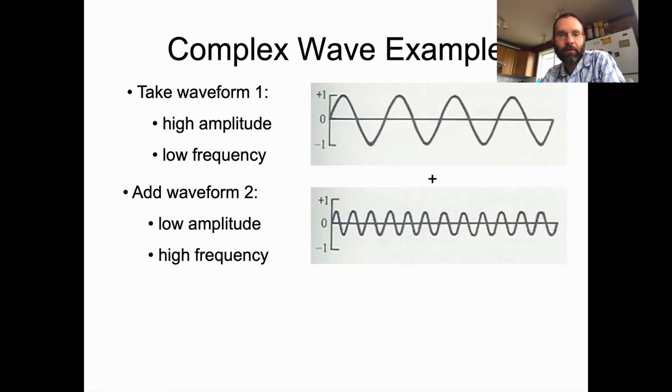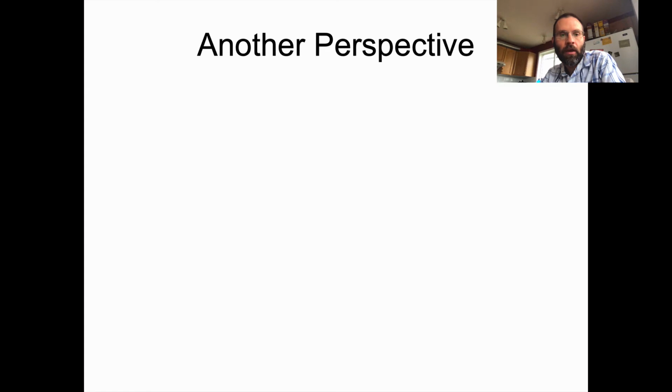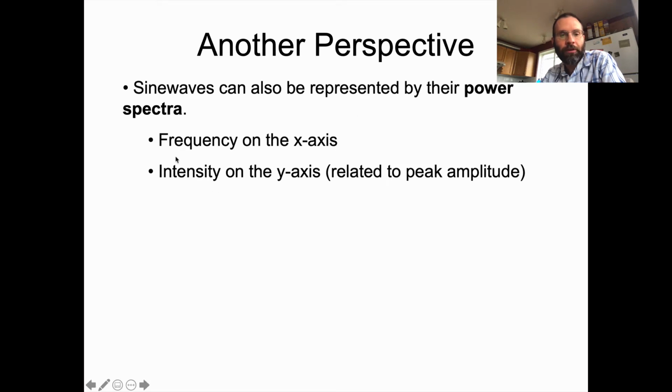If we go back to the power spectrum view, we're going to do something different. We're going to plot frequency on the x-axis and intensity on the y-axis. These are the two most crucial properties of sine waves that I mentioned before. One of them is frequency, how often the sine wave repeats in time, and the other is its peak amplitude, which we're going to interpret in terms of intensity on the y-axis.